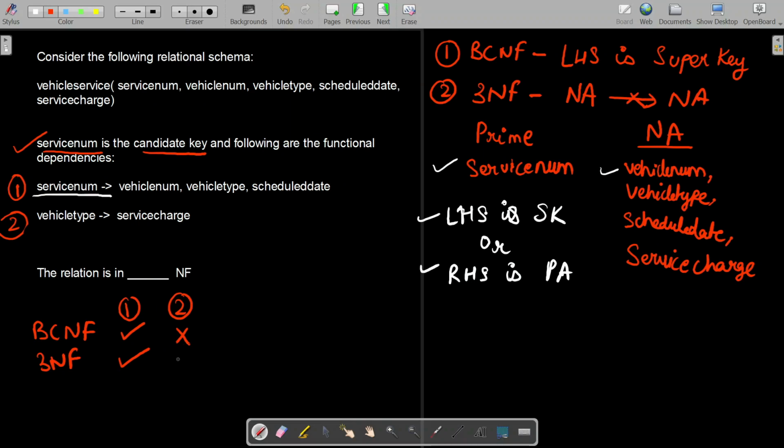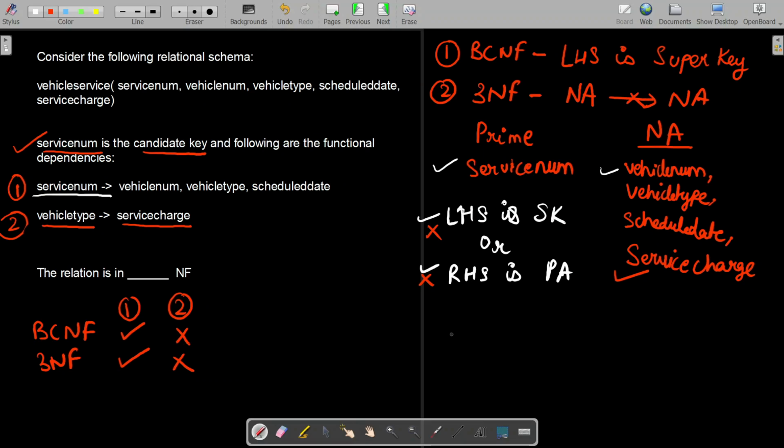In second functional dependency, we see that LHS is not a super key and RHS is a non-prime attribute, as service charge is a non-prime attribute. So both of these conditions are not satisfied here. So that means this functional dependency is not in 3NF. So as one of the functional dependencies is not in 3NF, the relation cannot be in 3NF.